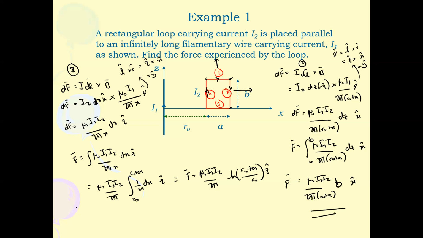So I'm going to use a red colored marker to show any difference in the side number 3 calculation. Again, we're going to have similar terms, but there should be some changes basically on your I dl vector, that direction, in which if you base on the direction of the current, it should be directed towards negative x.